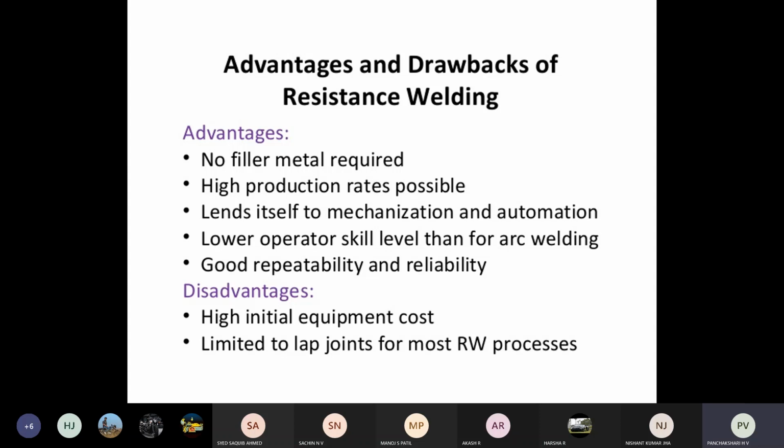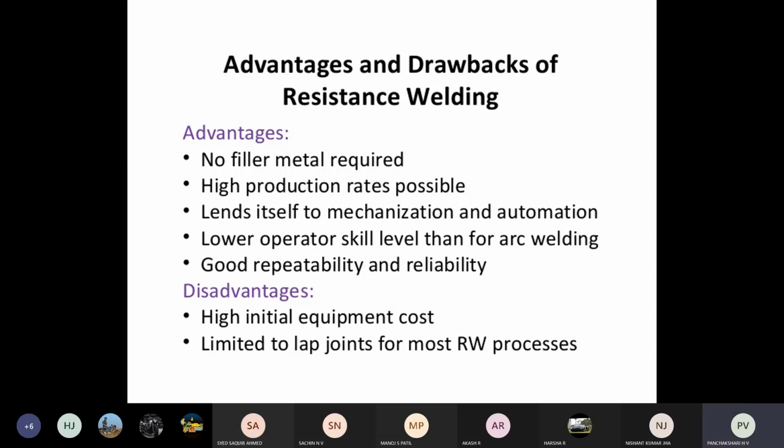Lower operator skill level than arc welding: a less skilled operator can perform the operation, unlike arc welding. Good repeatability and reliability, that is, precision and accuracy are good.